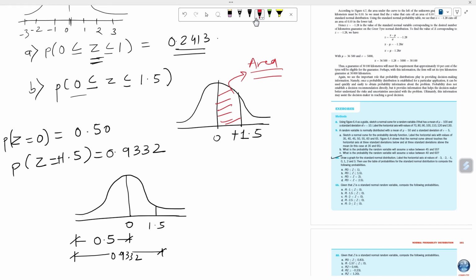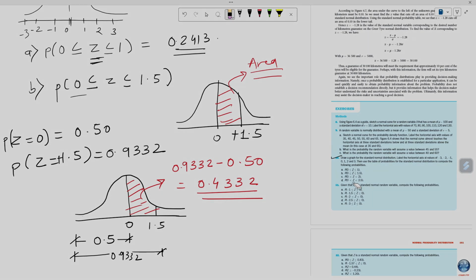If we subtract 0.5 from 0.9332, we get the area of this portion, which is 0.4332. I hope you will be able to do the rest of it, which is similar.